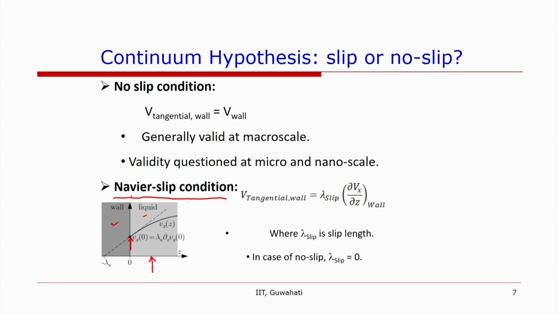If you consider a linear variation of velocity inside the wall, then the length at which the velocity will be 0 is known as the Navier slip length. So, the parameter for such a slip model is the slip length, lambda slip, and this has to be found either from experiment or some other means.